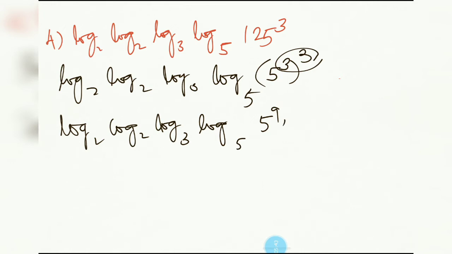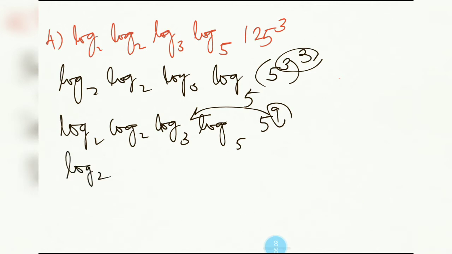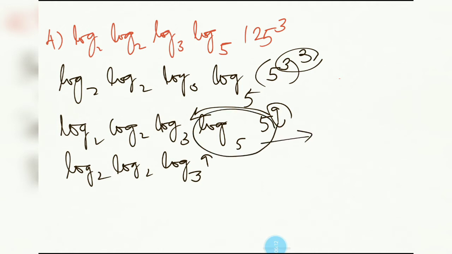Now this 9 will go backward because log m power n is nothing but n log m. So with that law this 9 will come forward of the log. So now log base 2, log base 2, log 9 to the base 3 will be left out, because log 5 to the base 5 will become 1.